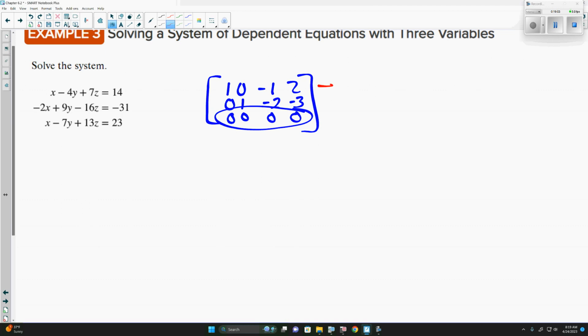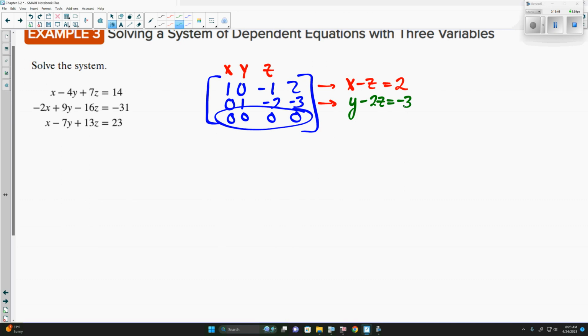Now what I'm going to do is take the first 2 equations here, because we have x, y, z. So the first equation is telling me that I have x minus z is equal to 2. The second equation is telling me that I have y minus 2z is equal to negative 3. Now looking at both of these equations, I do notice one thing.